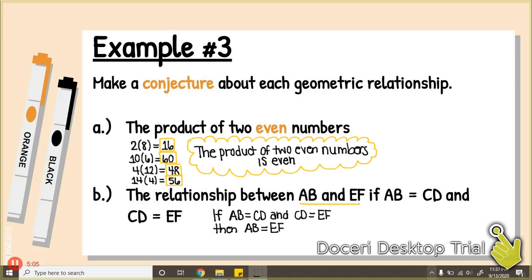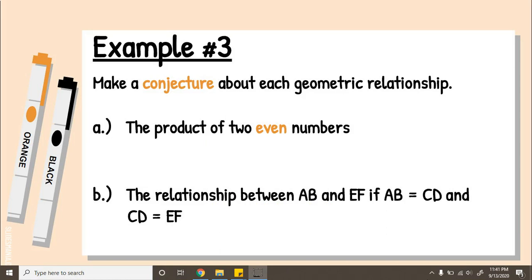And looking at those pictures really helped us solidify because we were able to see those tick marks and verify that AB and EF would also be the same exact length. So we're just looking at examples to make a conjecture.